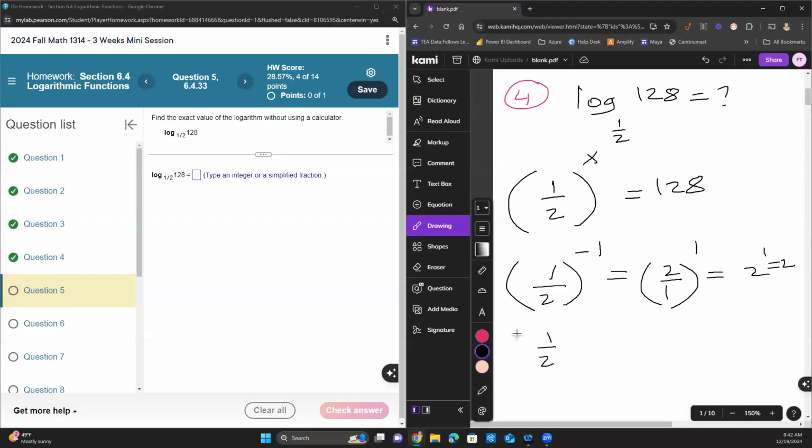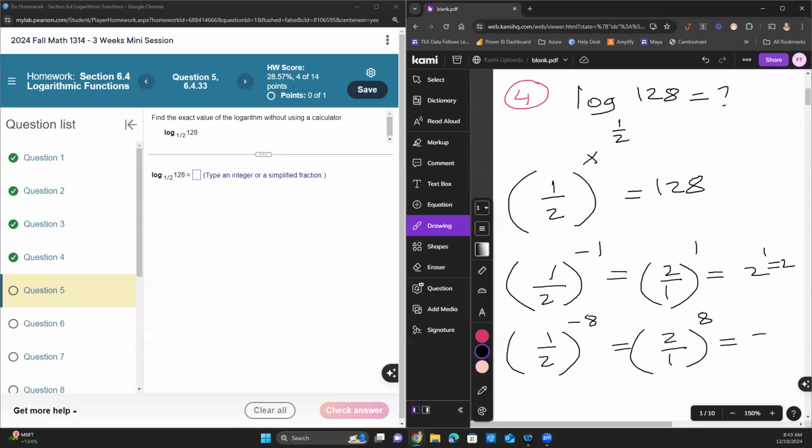But if I raise 1 over 2 to the negative 8 power, let's see what happens. Negative makes you switch this fraction to a 2 over 1 format. So that's what negative power means. You flip your fraction, and then you still raise it to the power of 8.